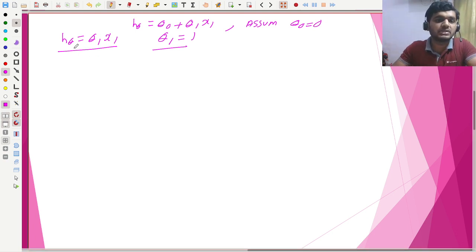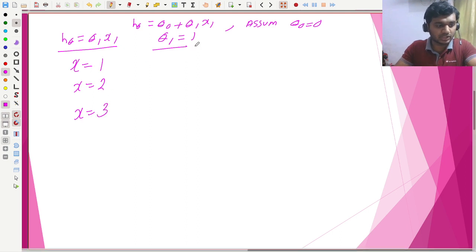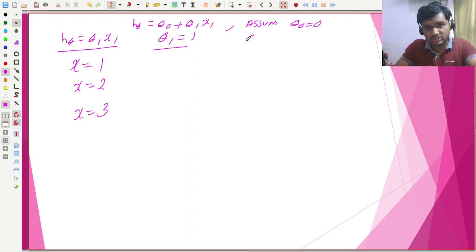So the equation is h theta equal to theta 1 x1. So at x equal to 1, we notice, at x equal to 2, we notice, at x equal to 3, we notice. Here assume theta 1 equal to 1, and we assume theta 1 equal to 0.5, and we assume theta 1 equal to 0.